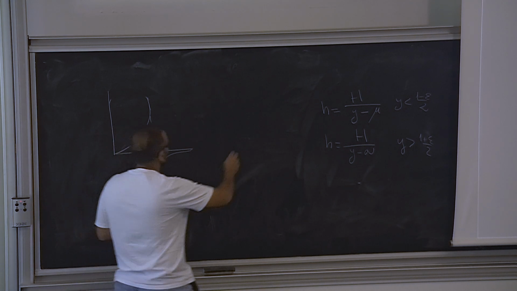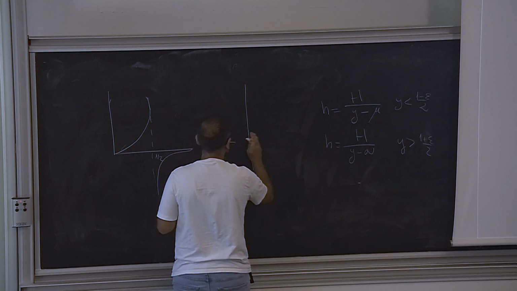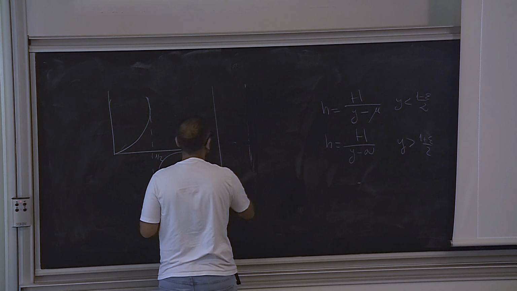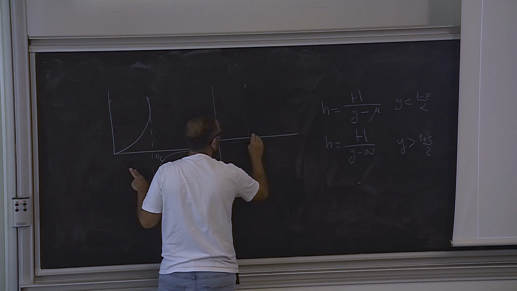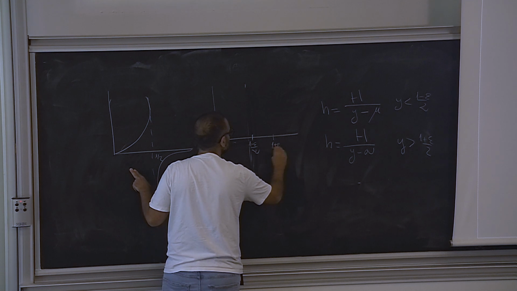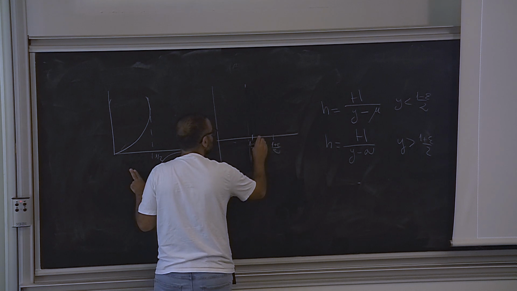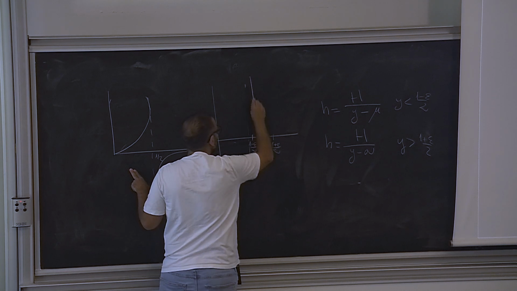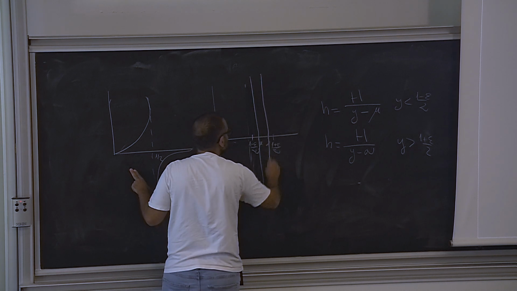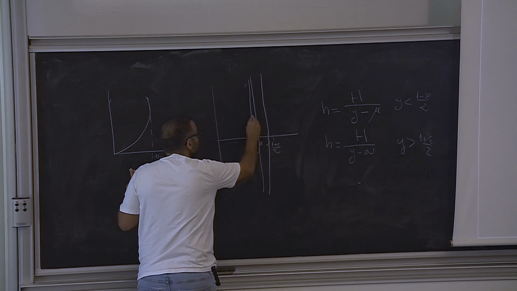What happens is that for every epsilon bigger than 0, you open this point, you go to 1 minus epsilon over 2 and 1 plus epsilon over 2, and you find some values here of mu and here of nu. Then your solution is going to be singular at that point.